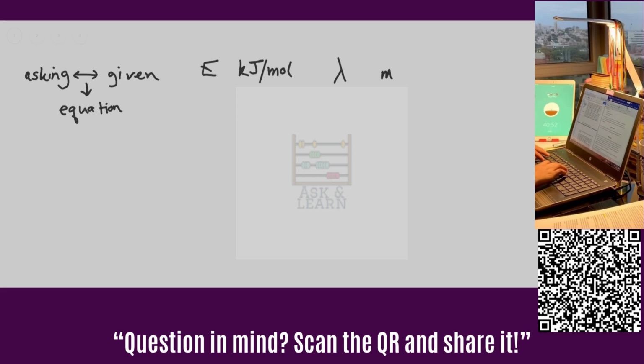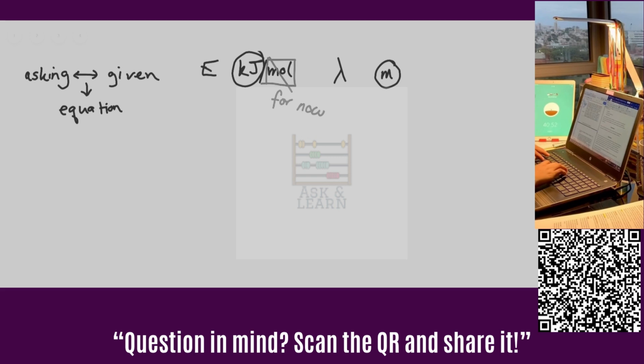Let's take a second to think about what equations we know that can relate energy to meters. We're just going to ignore moles for now, because typically we can add this back in later for almost every problem.